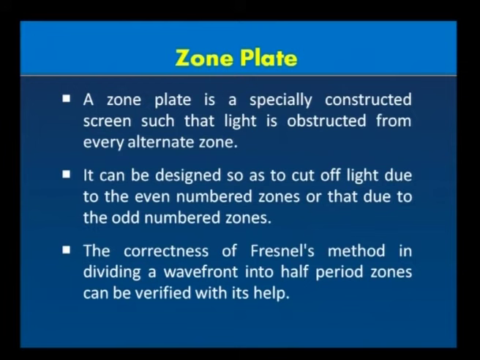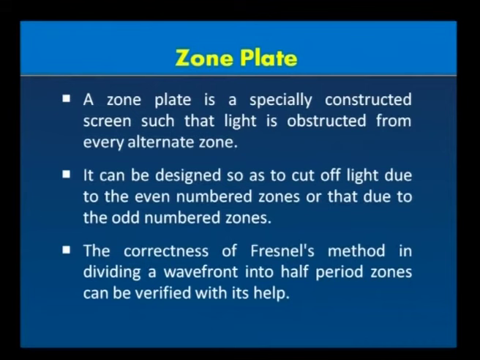You can also make the light to be cut when it comes to the first zone, then the light will be coming from the second. Then in such a case, the zones 2, 4, 6 will be transmitting light. The zones 1, 3, 5, they obstruct. You can have either way.